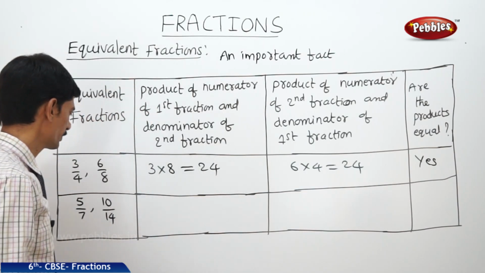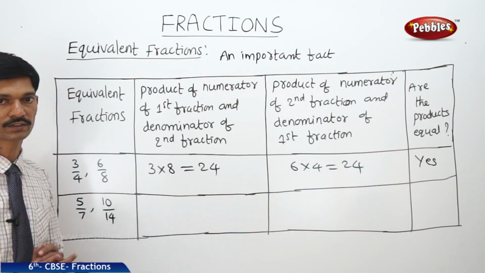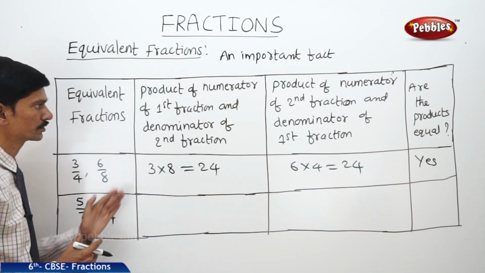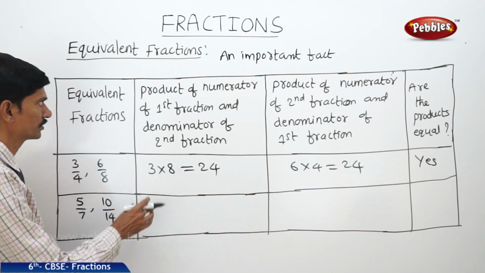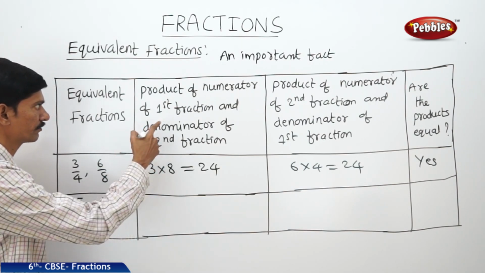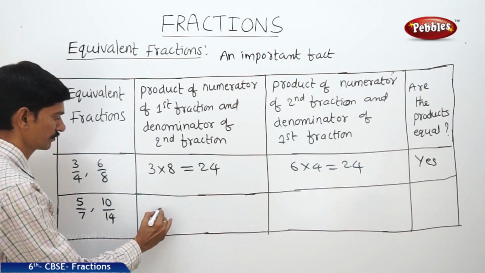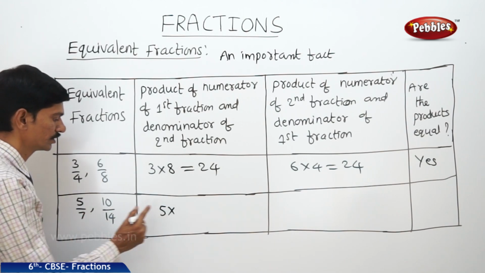And the second example, 5 by 7 and 10 by 14. These two are equivalent fractions. So in these two equivalent fractions also, let us check whether the two products are equal or not. Now in the first case, the numerator of the first fraction is 5 into the denominator of the second fraction, 14.